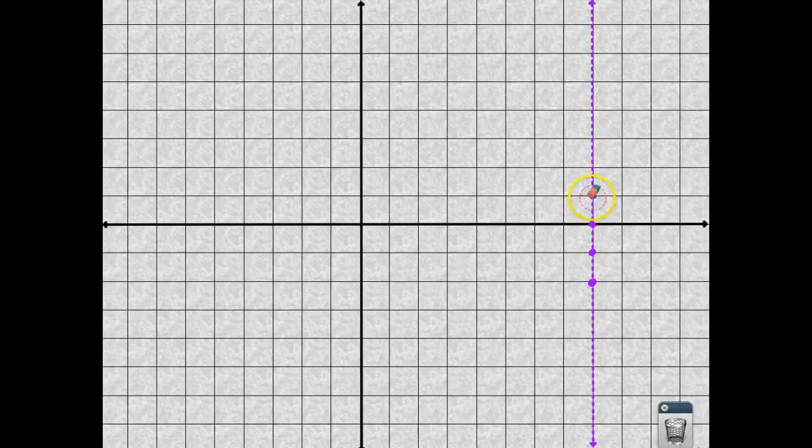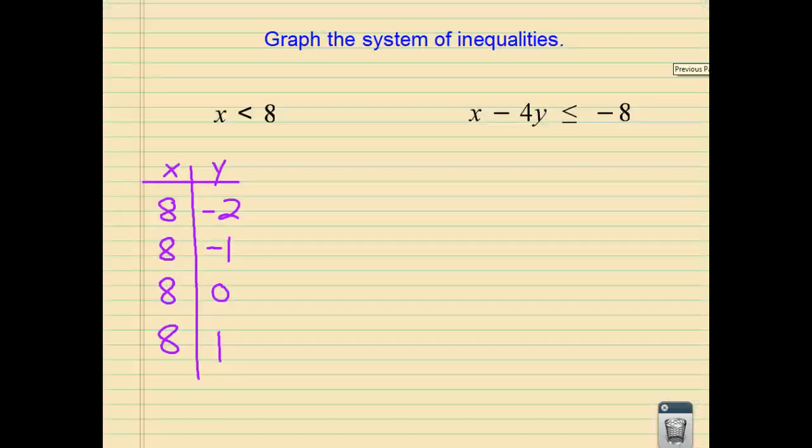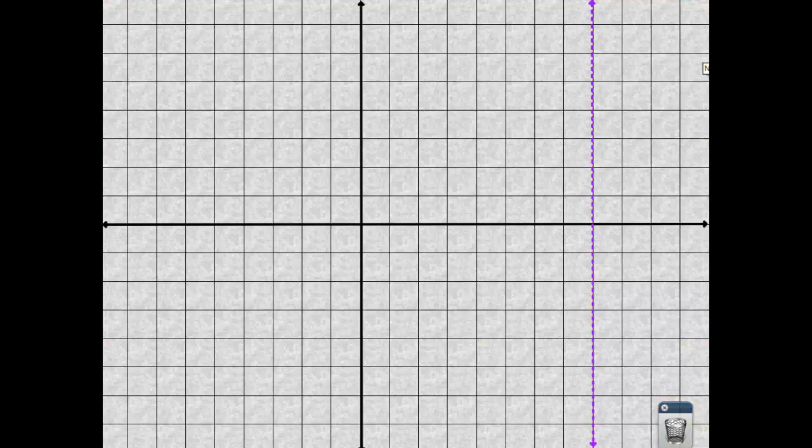Now if I were to do any of the shading, I believe it said x is less than 8. Less than is very key here. On my grid, I'm going to be shading either to the left or to the right of my particular line. If you think about less than, all of the numbers as you go to the left on a number line would be your numbers less.